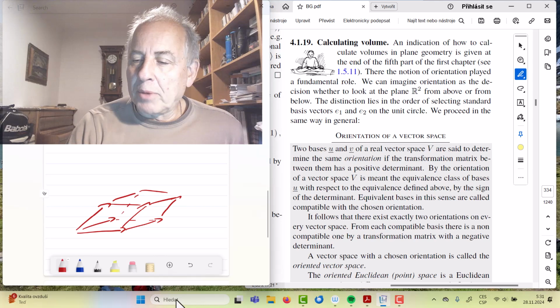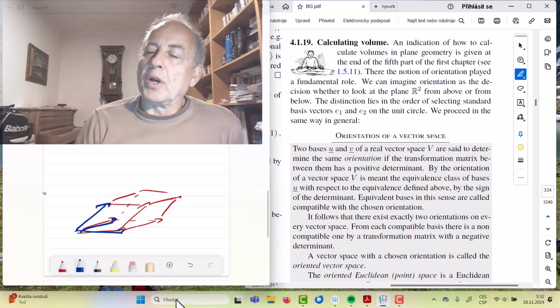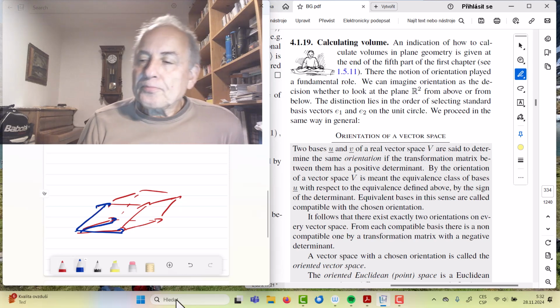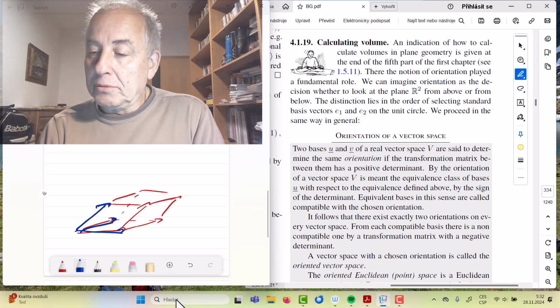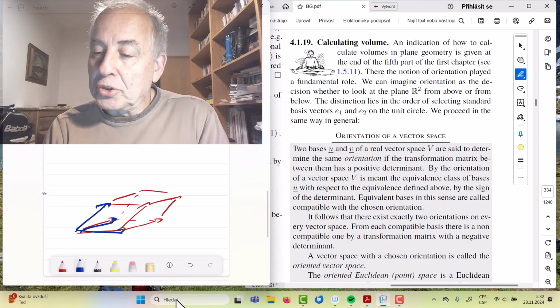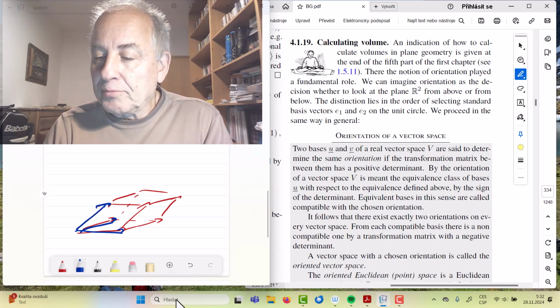So it's defined by a couple of vectors, this one and this one. It's called a parallelepiped. This one will be three-dimensional. Of course we know how to do it. We take the first one, then we compute the height of this.